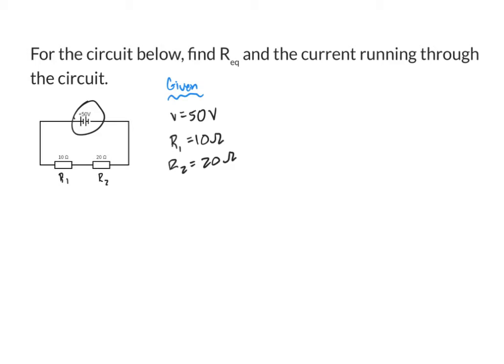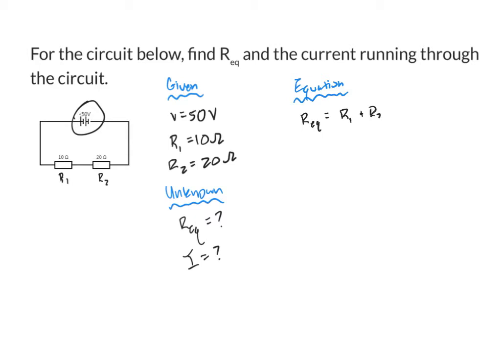So now let's list out our unknowns. For this problem, my unknowns are REQ, the equivalent resistance, and the current I. So now I'm ready to go on to the equation step. First I'm going to write out my equation for REQ. Because this is a series circuit, I know that REQ is equal to R1 plus R2.